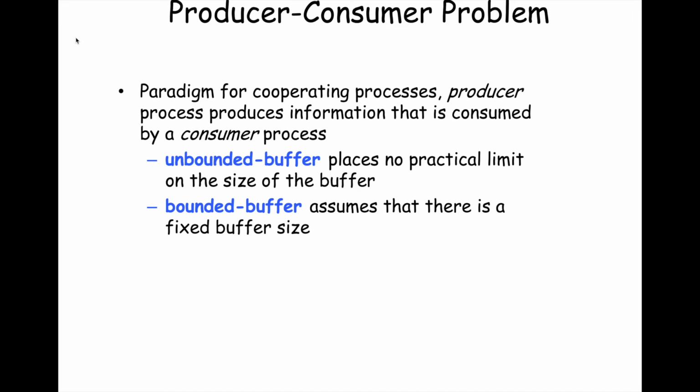You have to wait for the consumer to take that information out, making a slot available for storage, right? And so this idea of producer-consumer is a way of thinking about how two processes might interact. And you can have two different scenarios, an unbounded buffer or a fixed-size or bounded buffer.